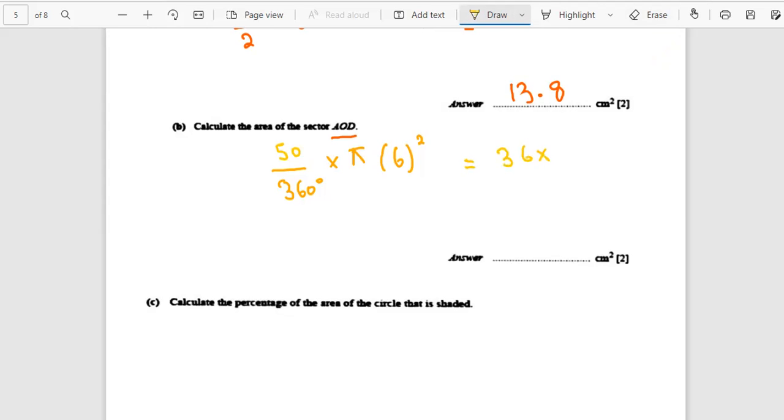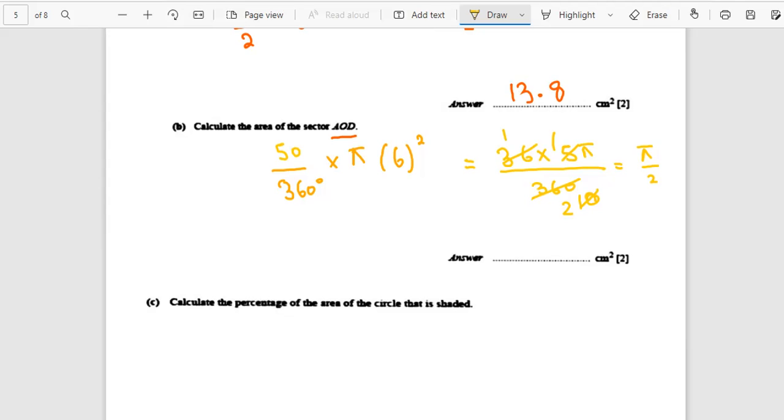36 into 5 pi divided by 360. This is 1 time. This is 10 times, 1 time, 2 times. This is pi by 2. Okay. Yes.